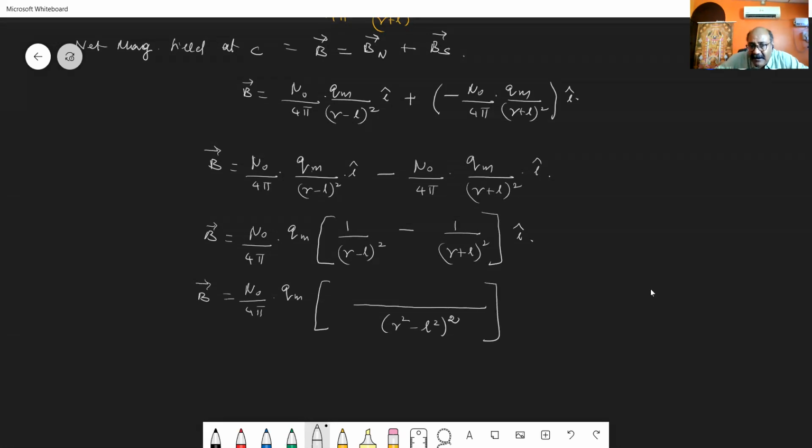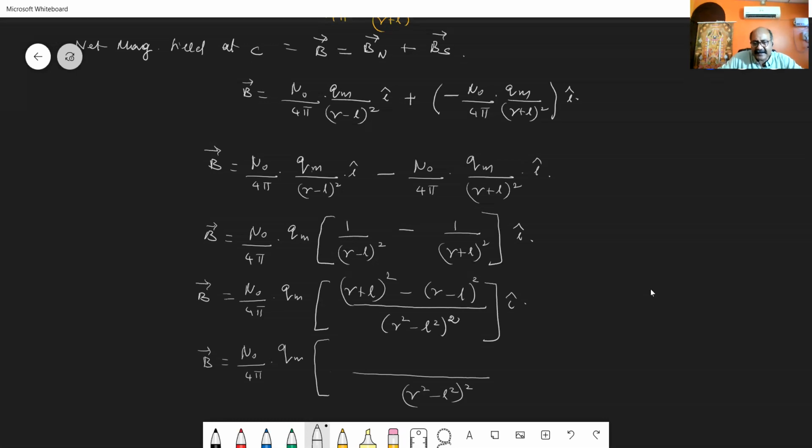What will be available here on cross multiplying? You will be getting R plus L the whole square minus R minus L the whole square into I cap. So B vector is equal to mu 0 divided by 4 pi into Qm into, denominator as it is, R square minus L square the whole square.